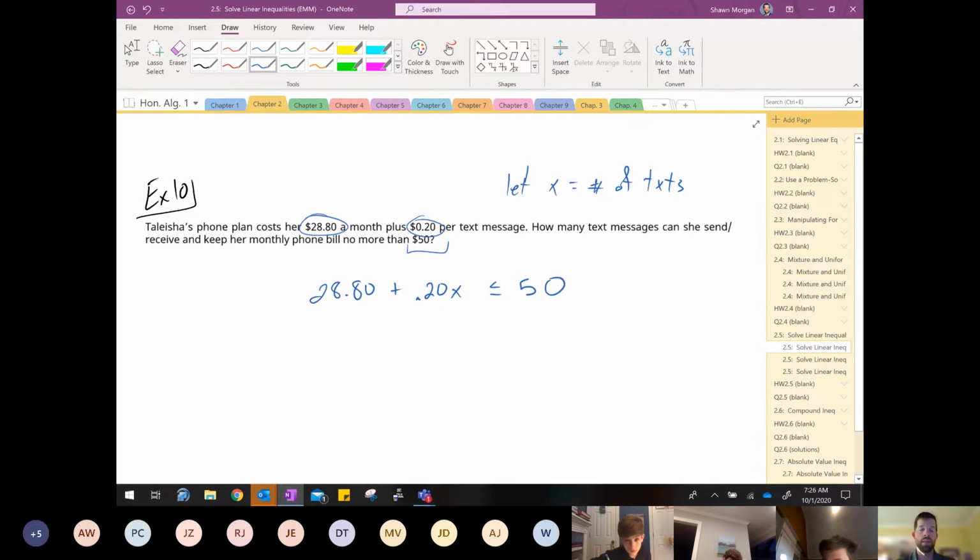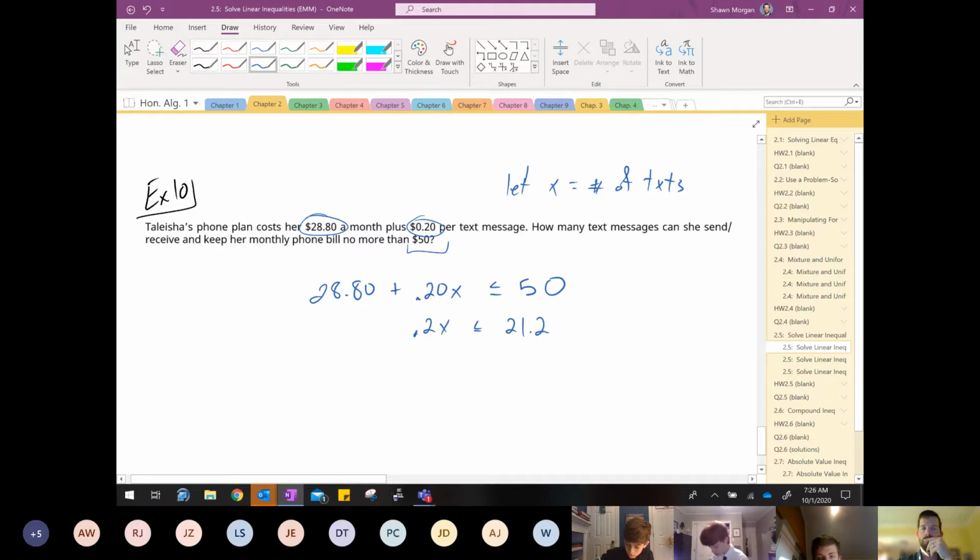Give me my 2 steps, Jack McBee, to get x by itself. Jack, you're muted, buddy. Okay, the 2 steps would be to transfer 28.80 to the other side, so subtract 28 and 80 cents from 50, and that would be 21.2.